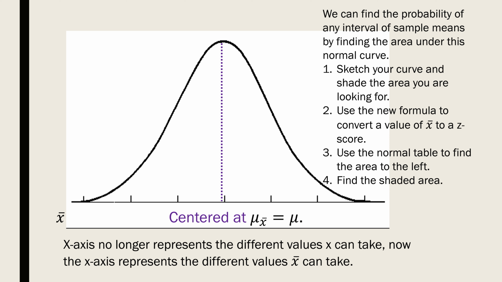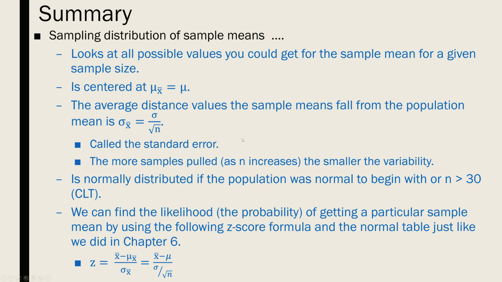Step 3. Use the normal table to find the area to the left. Step 4. Find the shaded area. Pay attention that the x-axis no longer represents the different values x can take. Now the x-axis represents the different values x bar can take.